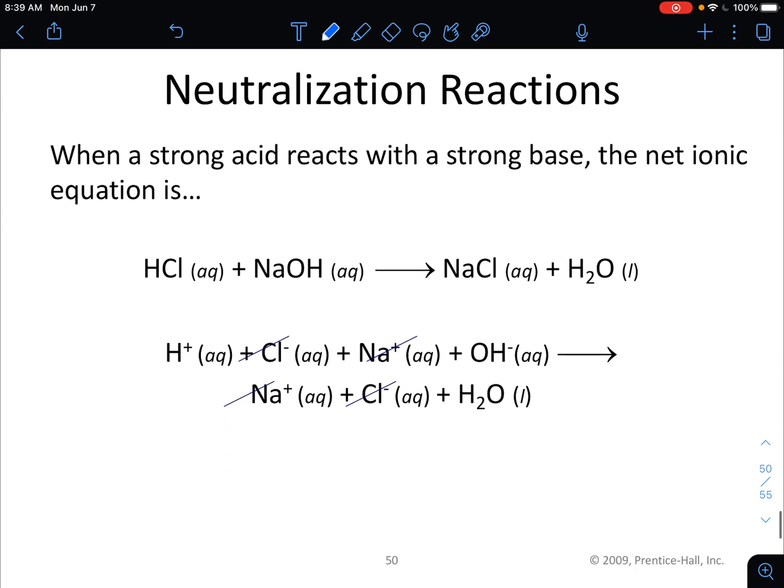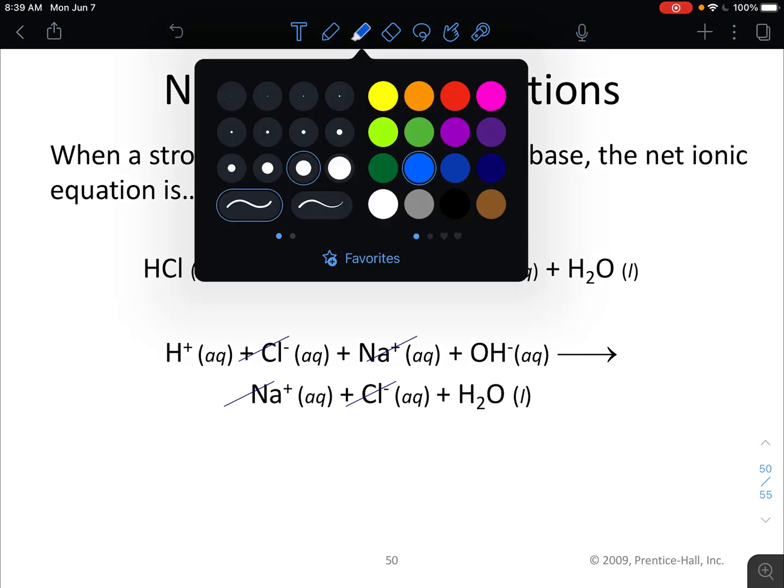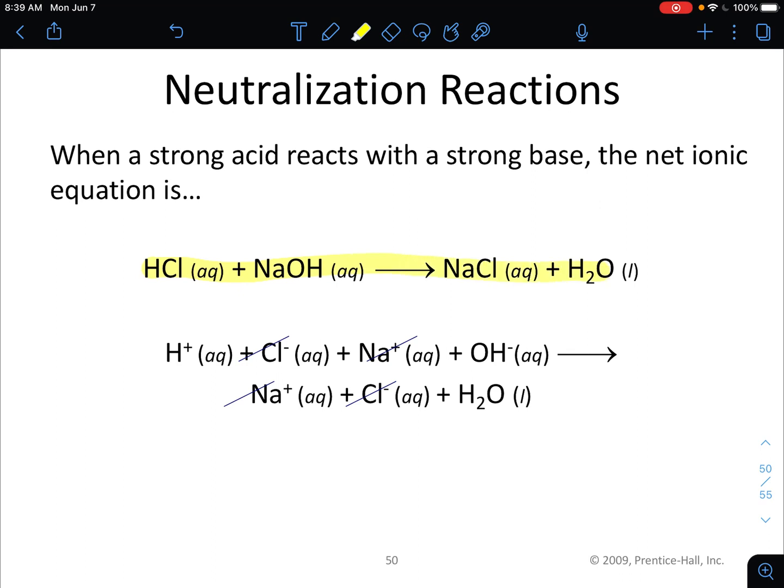So this is an old slide we saw earlier in the chapter, and here's our molecular equation describing the reaction between an acid and a base, and even more specifically a strong acid and a strong base, meaning they dissociate completely. Here's the ionic equation with the spectator ions already getting crossed out.